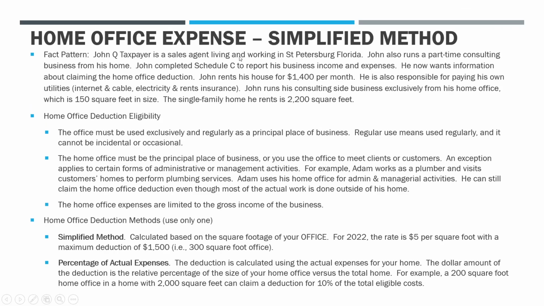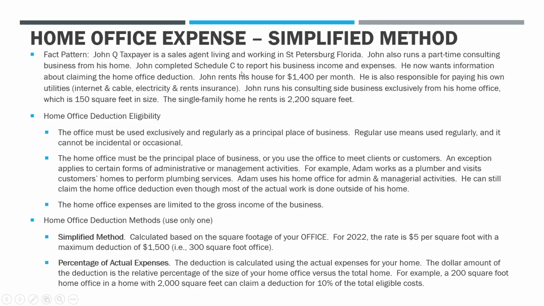Again, we're looking at the home office expense. We're going to cover the simplified method in the tutorial, but just some background on the fact pattern and the home office deduction eligibility here. So what we've got here is John Q. Taxpayer, a sales agent in Florida, and he also has this part-time consulting business.